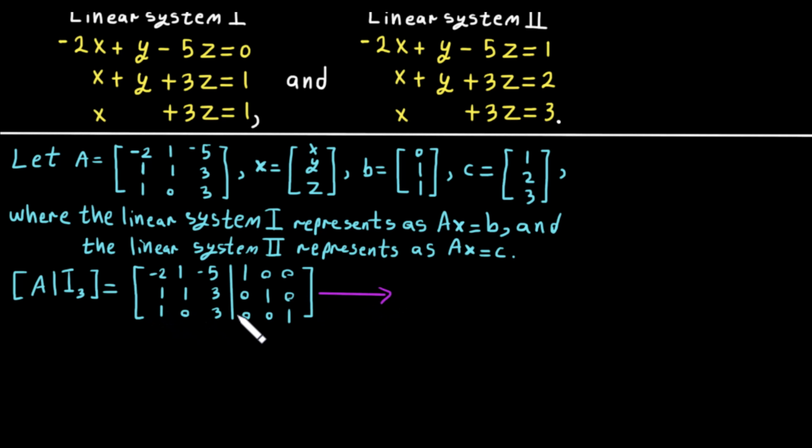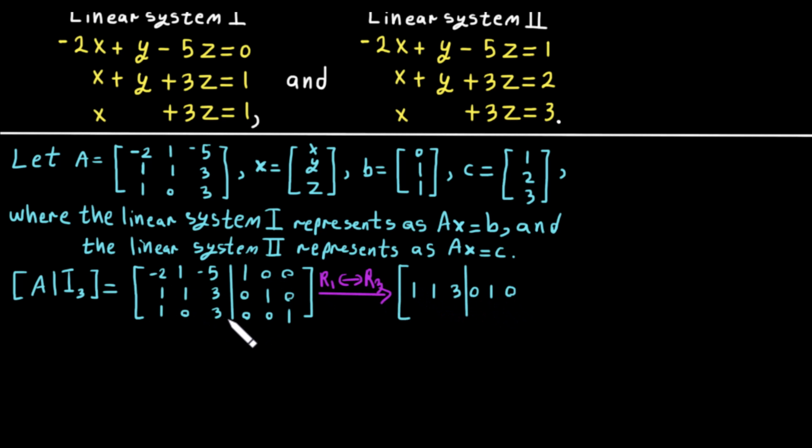So we want to swap this row with this row. So row 1, swap it with row 3. Since we don't need to do anything with this row, I'll speed it up to write this row. So I will swap this one with this one.